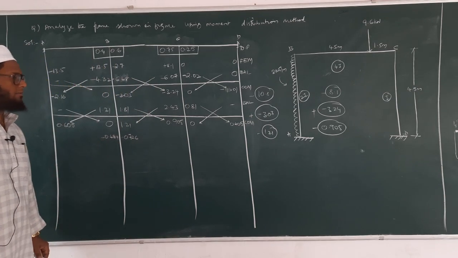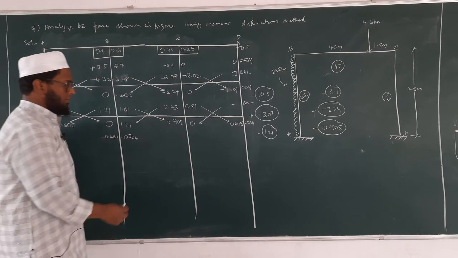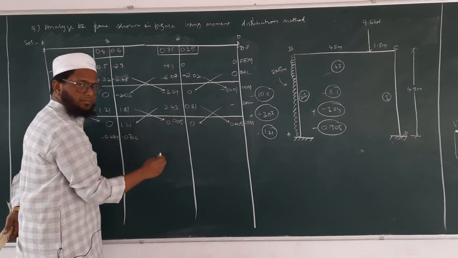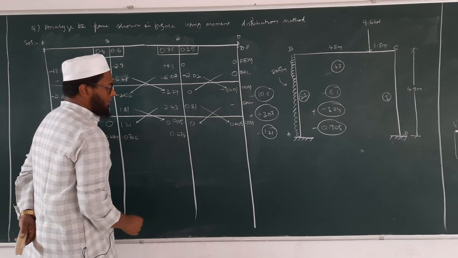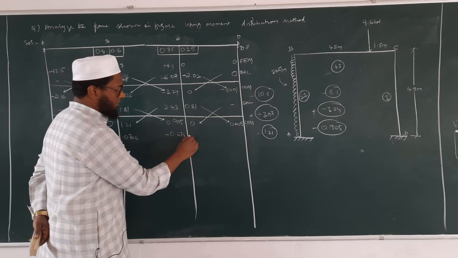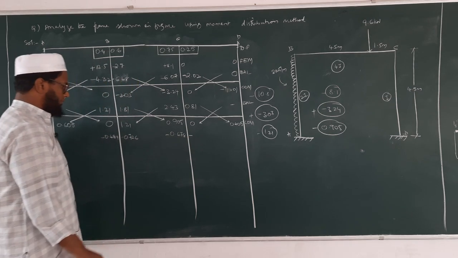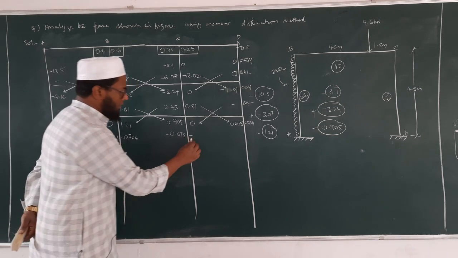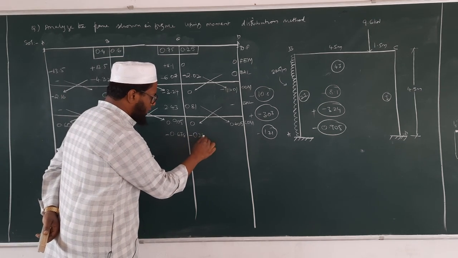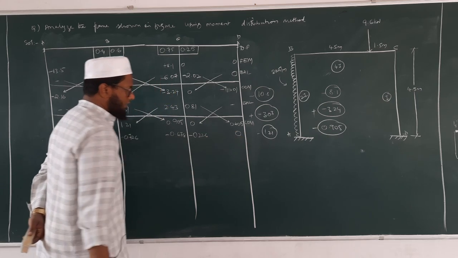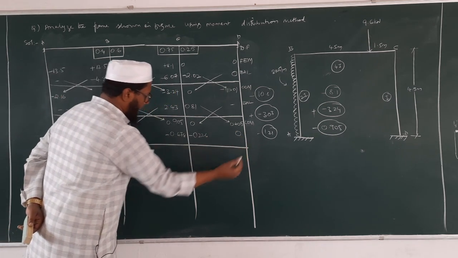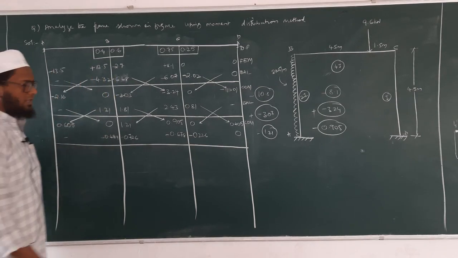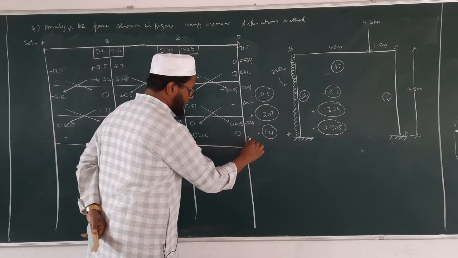Now you do this one. 0.678 minus. Then here minus 0.226. This is nothing. So this step is known as your balancing, isn't it?